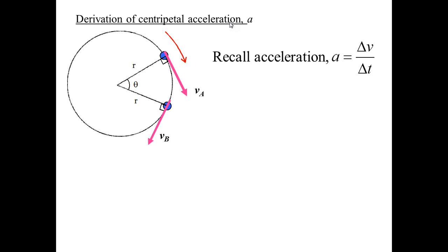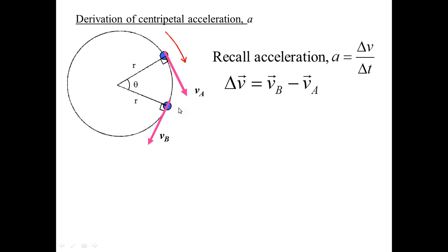This is the same definition that we have for acceleration. To find the change in velocity, I need to take the velocity at position B minus the velocity at position A. And how do I do that? I can't just sub in the magnitudes because the directions are different.